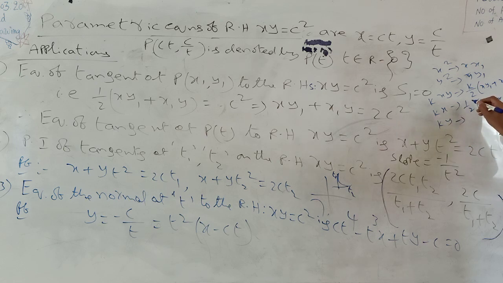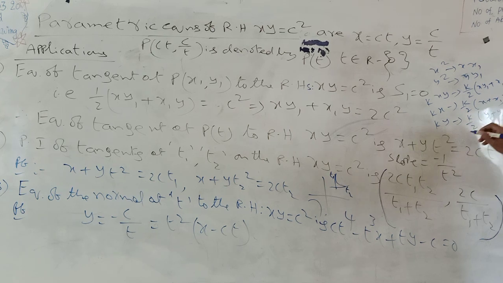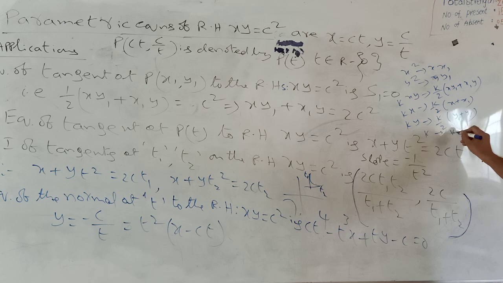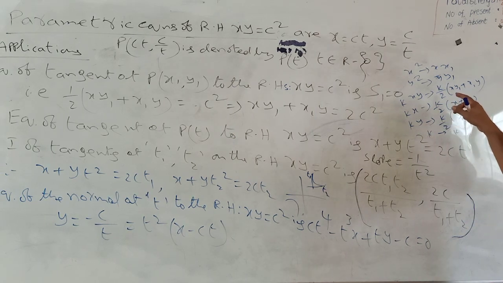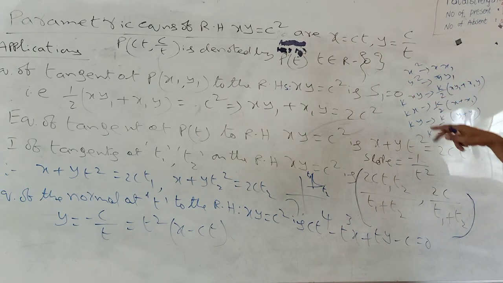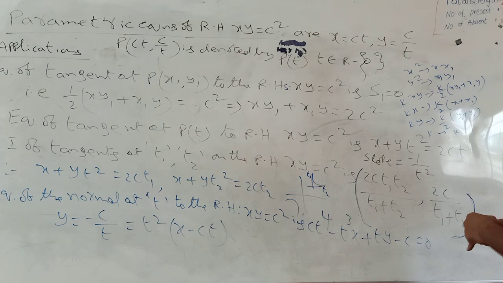The y term is replaced with half of the coefficient of y into (y plus y1). No change in the constant term. These are the working rules for writing s1 from s equal to 0.